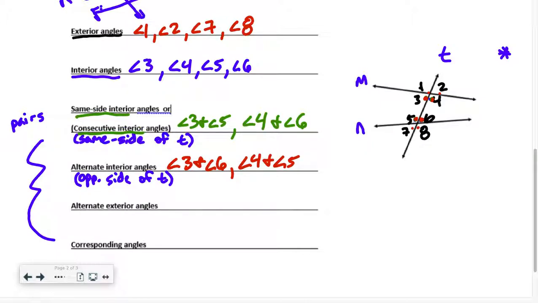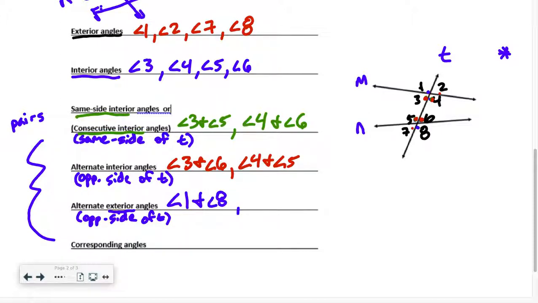All right. Taking that same idea of being on the opposite side of the transversal, let's apply this to our exterior angles. My exterior angles that are on the opposite side of the transversal would be, we'll use blue, 1 and 8. Angle 1 and angle 8 are alternate exterior angles.